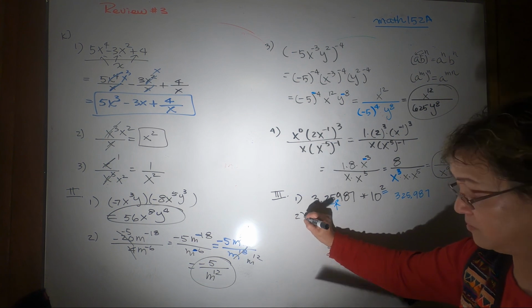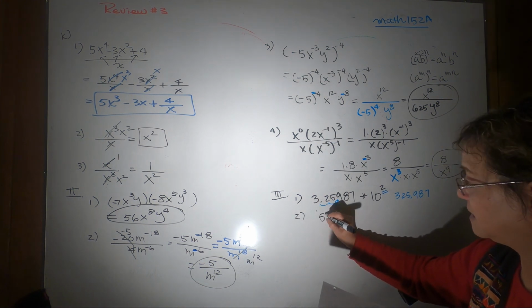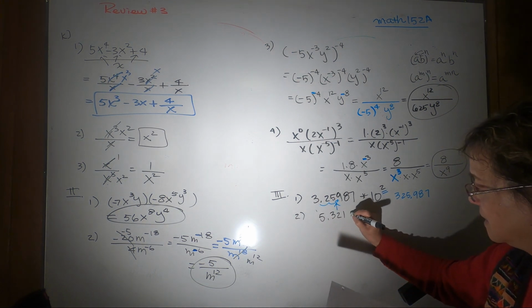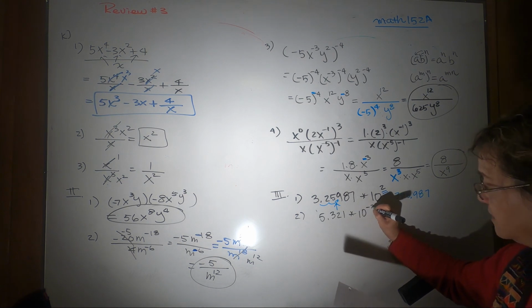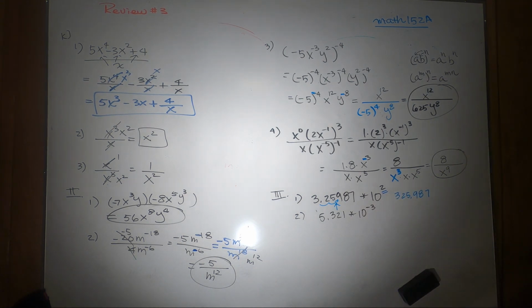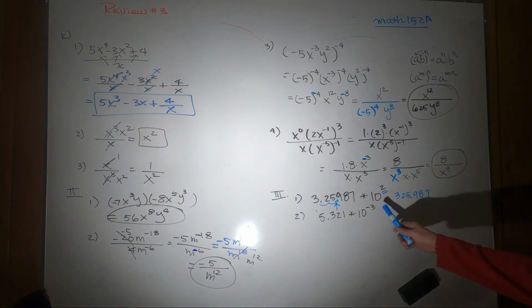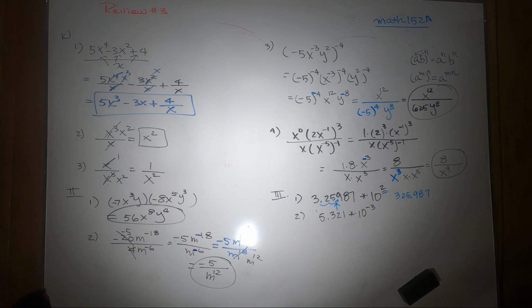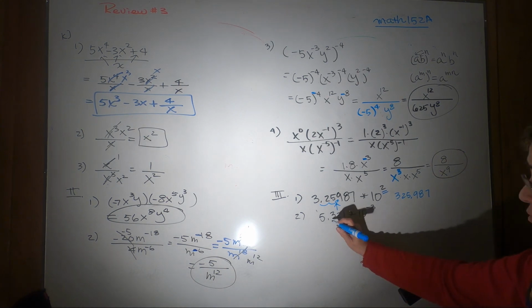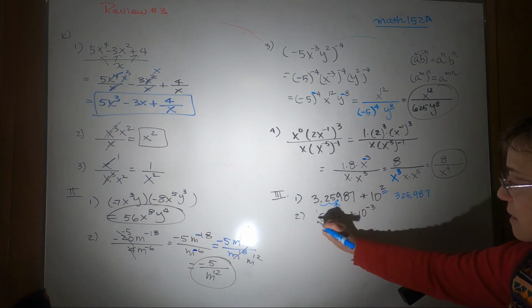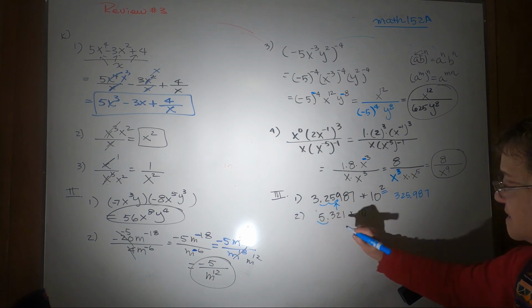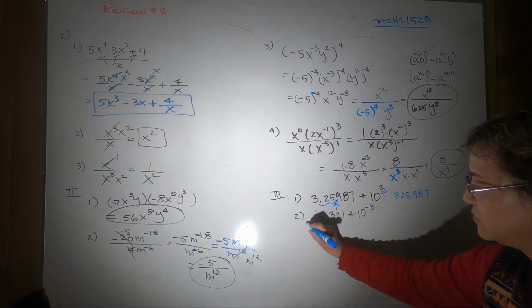So if we multiply 5.321 times what? 10 to the negative 3 power, then it becomes smaller or bigger. If negative becomes smaller, right? Then you need to move your decimal point, become smaller means what? Move to the left hand side. How many positions? 3. 1, 2, 3.